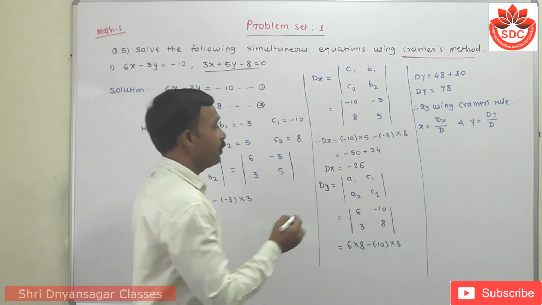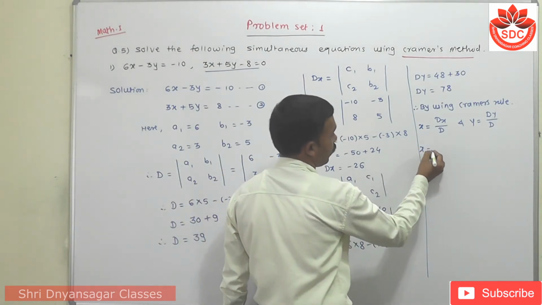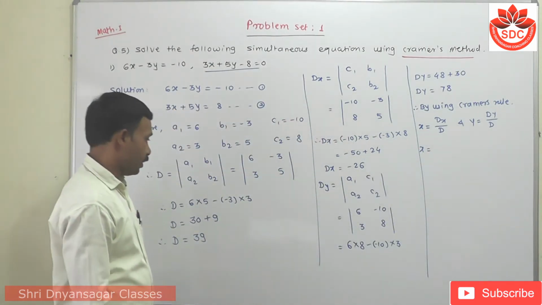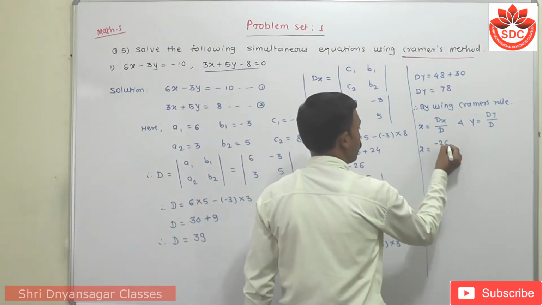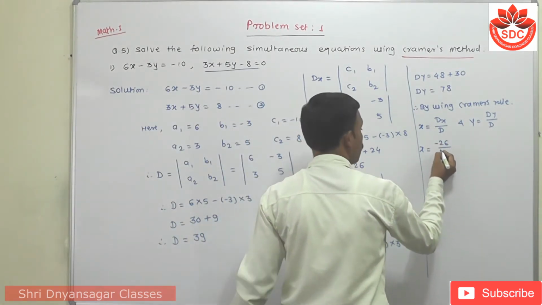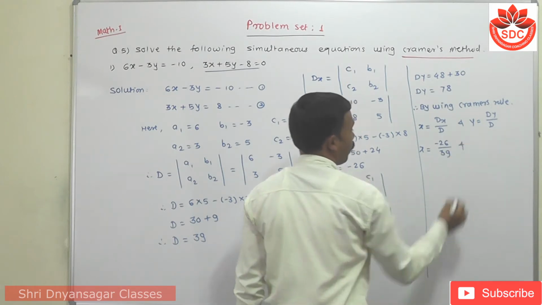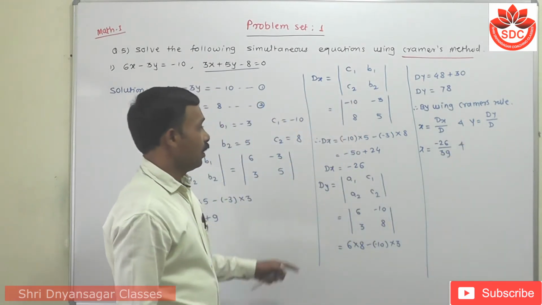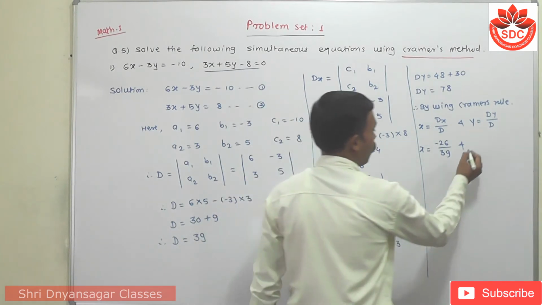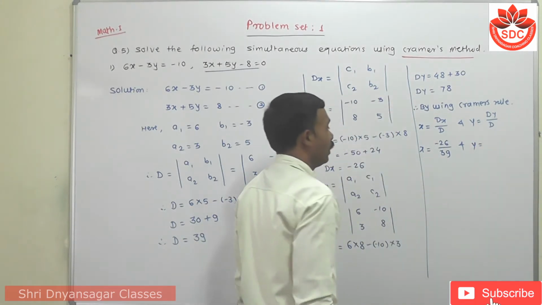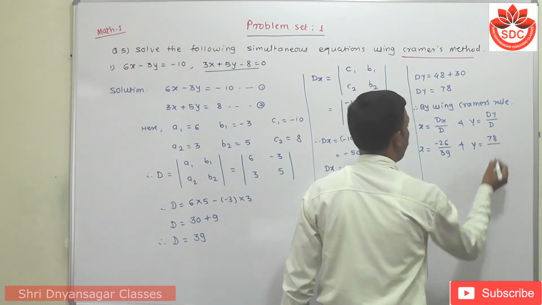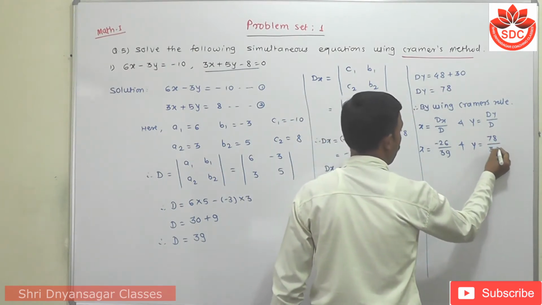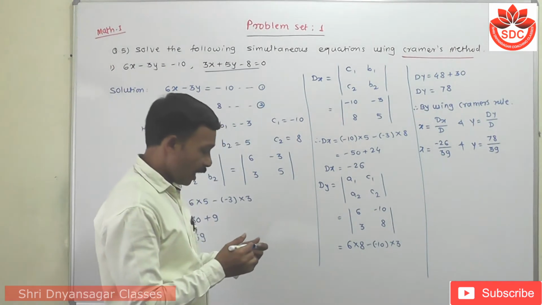Now we substitute the values here. x is equal to dx, means determinant of x, is minus 26 upon d is 39, and then y is equal to dy, which is 78, upon this 39. Now students, we can simplify it.